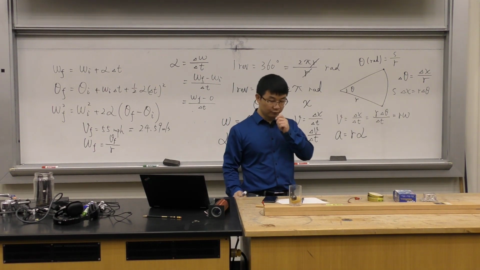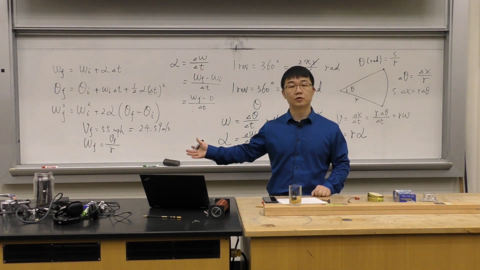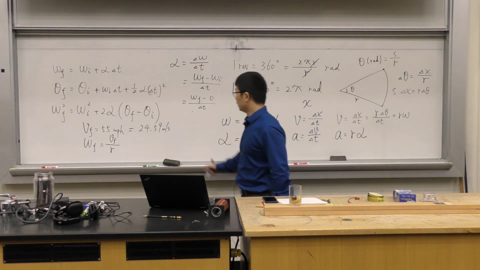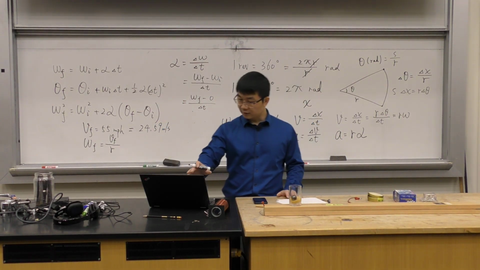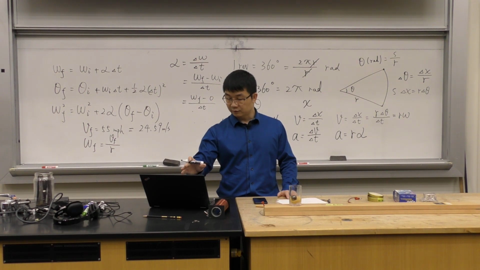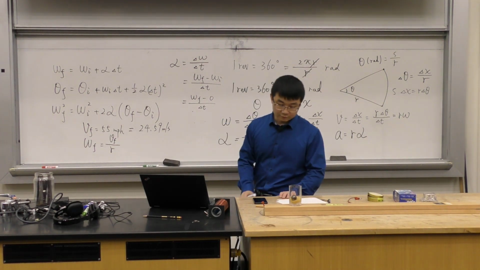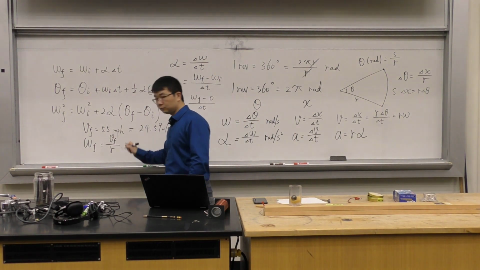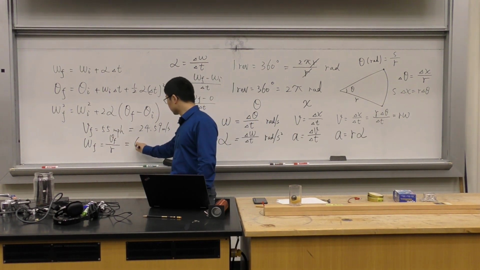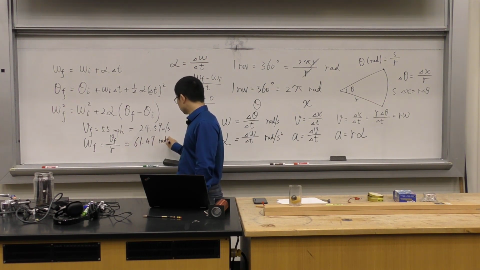So that's the velocity in meters per second. Now I can go ahead and use this number divided by the radius, right? So the radius is given, right? The car tire is 40 centimeters in radius. Okay, so you can find the angular velocity, which is going to be radians per second.